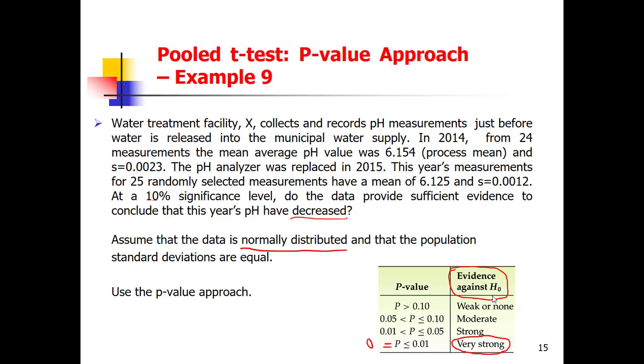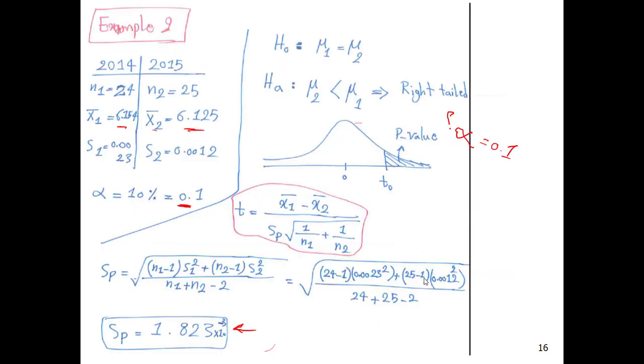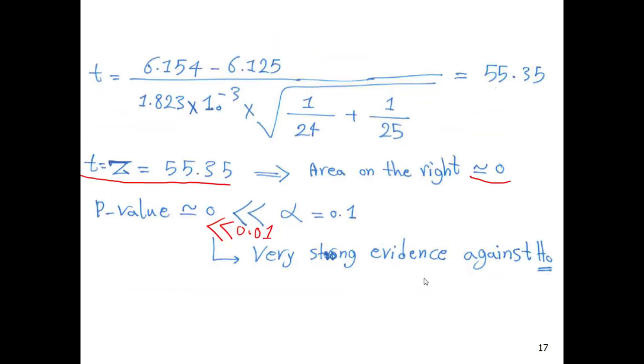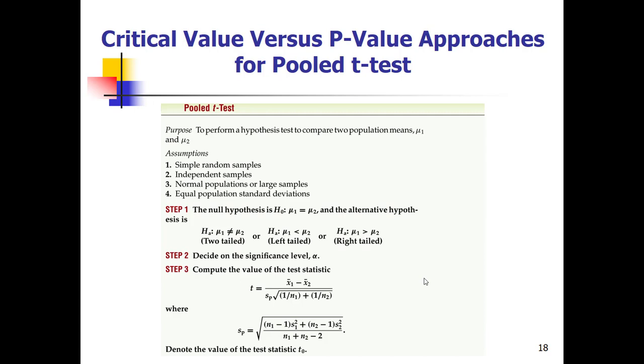We reject the null hypothesis because we have very strong evidence, and we accept the alternative hypothesis. So this is one example, and I hope it was not that complicated. We have example number 10.